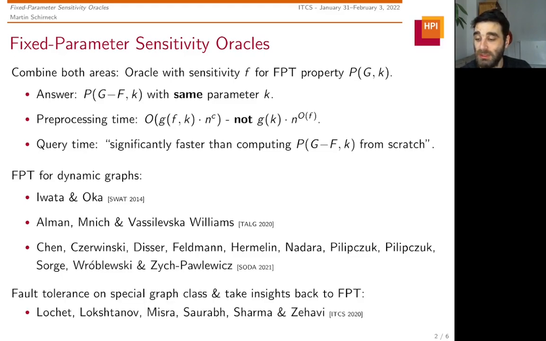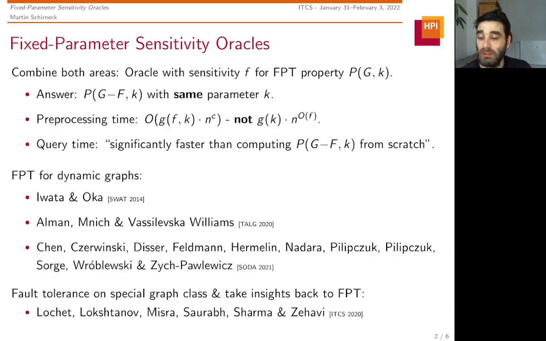Also, what is interesting, there is one ITCS work by Lagodzinski et al. from 2 years ago. They started out with a classical fault-tolerant problem, namely fault-tolerant reachability, and were looking for a graph class where they can get rid entirely of the dependence on the original graph size. So they ended up with update times only dependent on the sensitivity f.